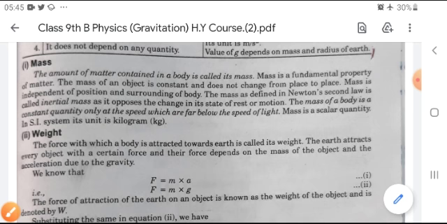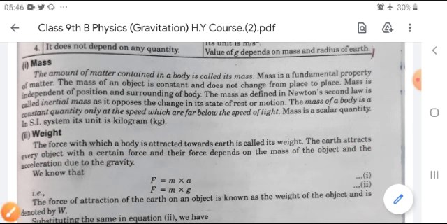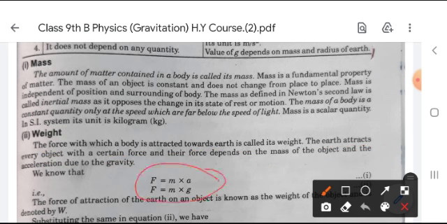Now moving forward, weight. What is weight? Weight is nothing but a force. The force with which a body is attracted towards earth is called its weight. The earth attracts every object with a certain force, and this force depends on the mass of the object and the acceleration due to gravity. That is, force F = ma, or F = mg.